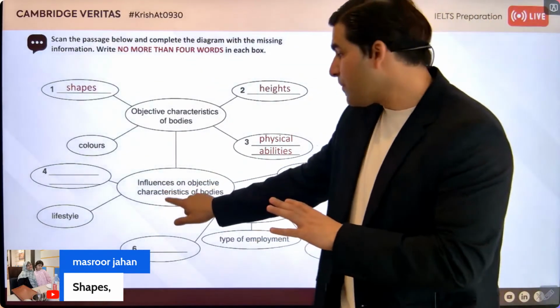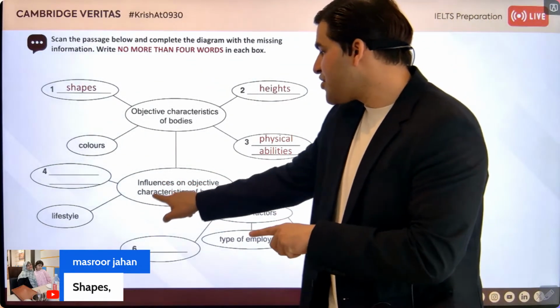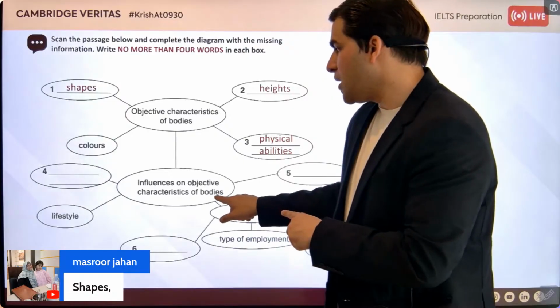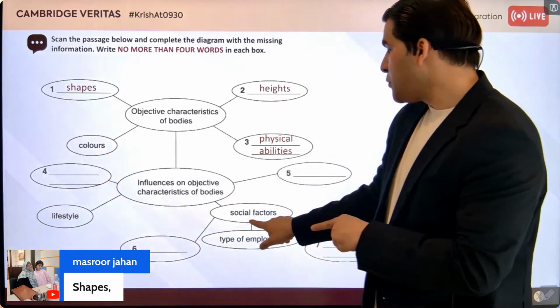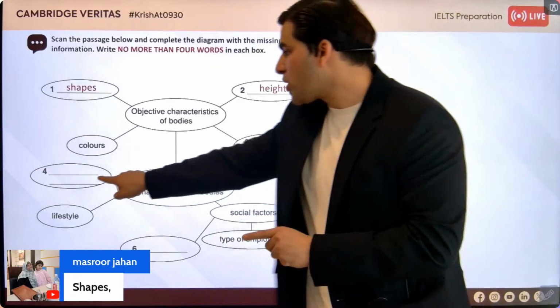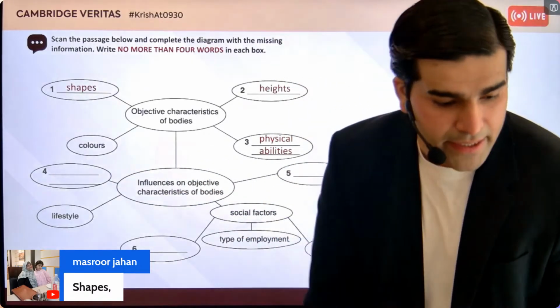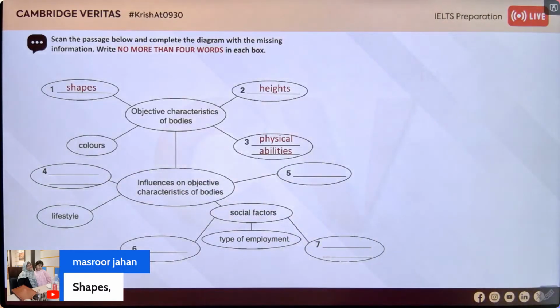So, number 4, influences on objective characteristics of body. One influence is lifestyle. Another influence is social factors. What are the other two influences? Tell me quickly. Other two influences. Physical abilities is done.